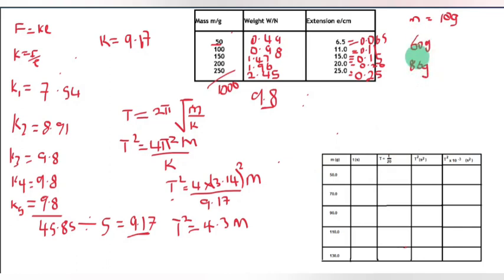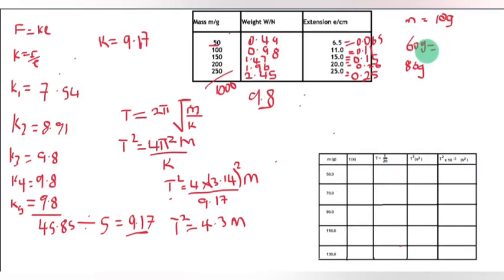So I'm going to work on this too, then I'll fill the table to show you. So I'll divide this by 1000. So that's going to give us 0.06 kilogram. Also, I'll divide this by 1000 too.